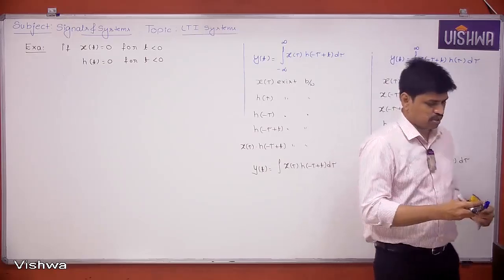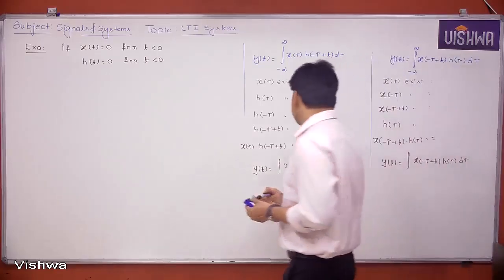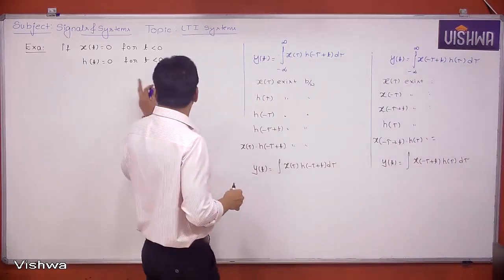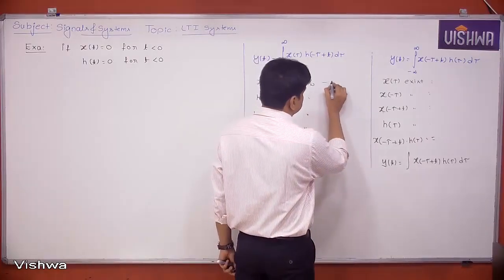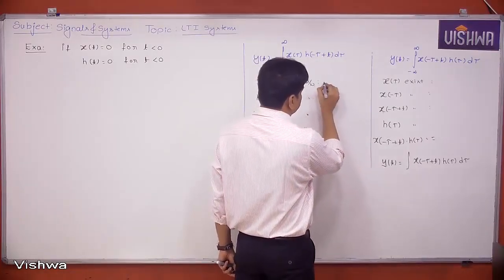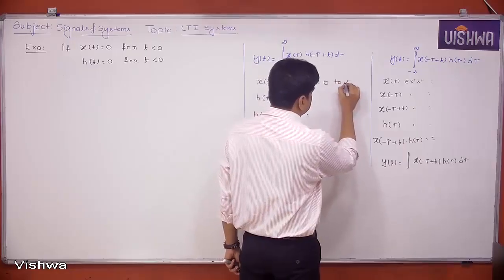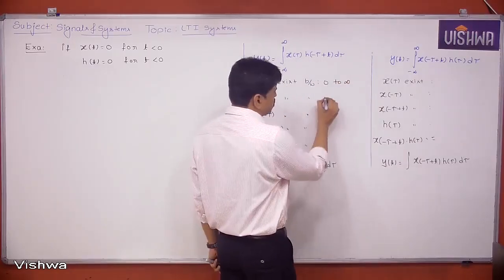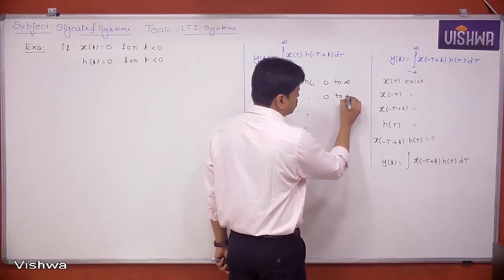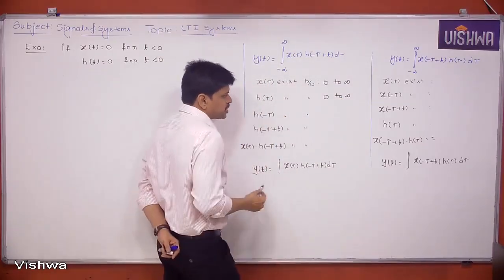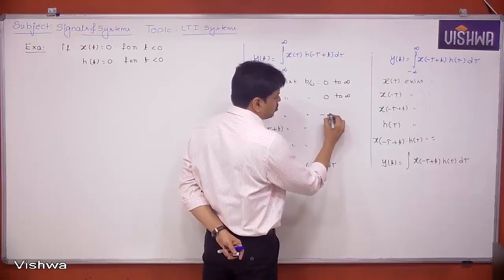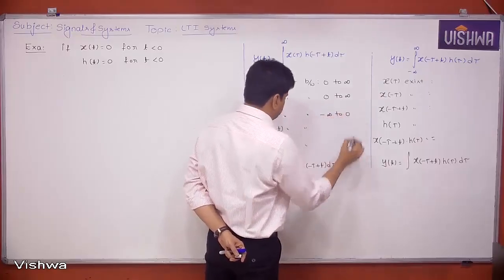Okay, so let's see. Both are existing from 0 to infinity. h of tau is also existing between 0 to infinity. Then h of minus tau is existing between minus infinity to 0.